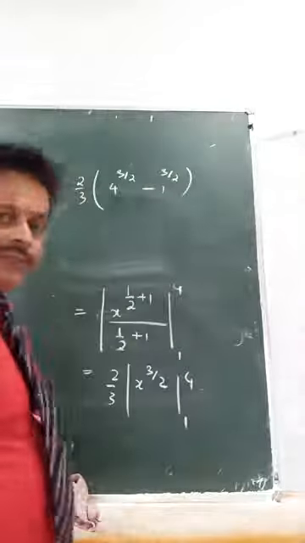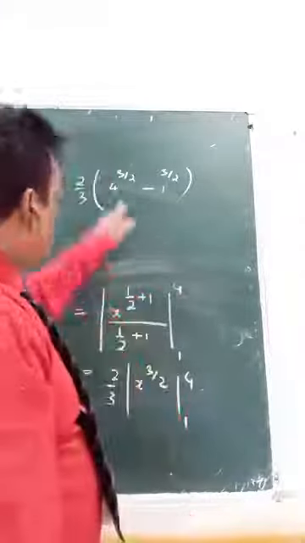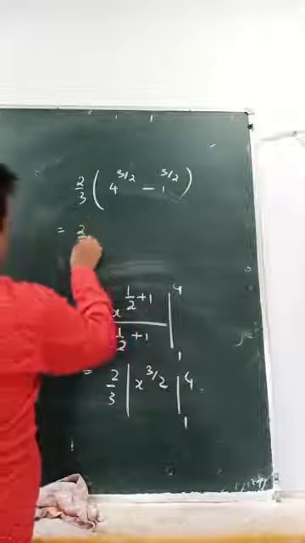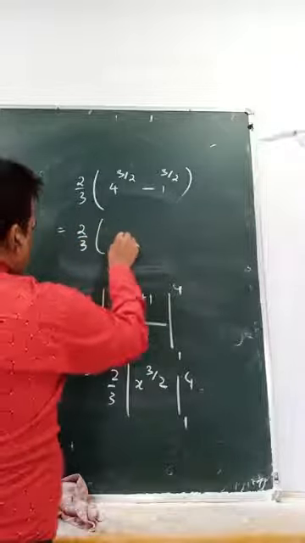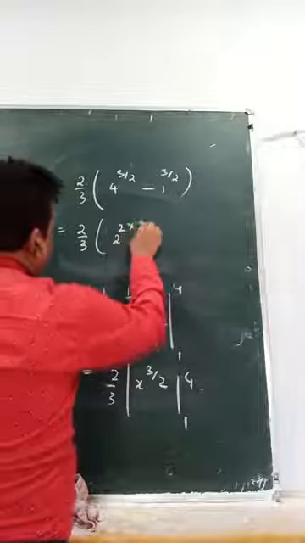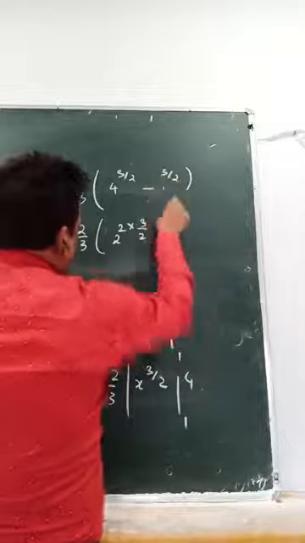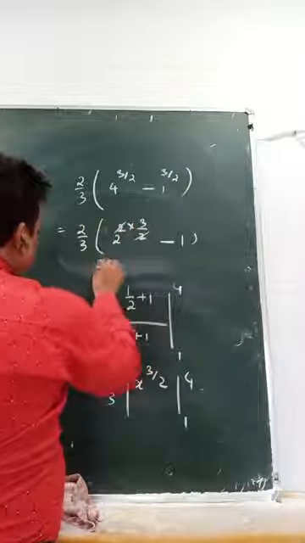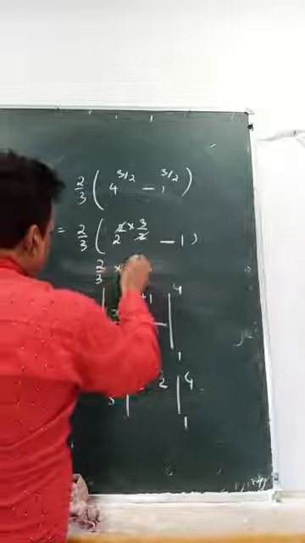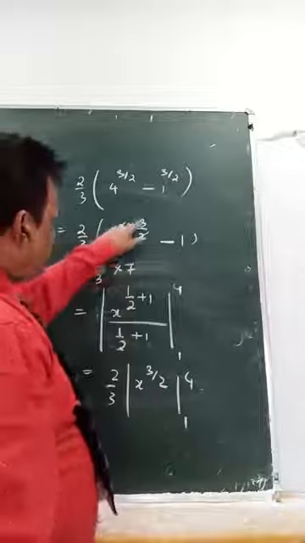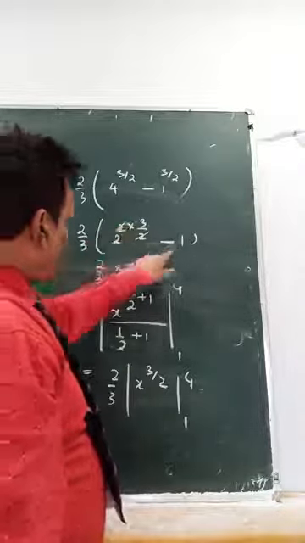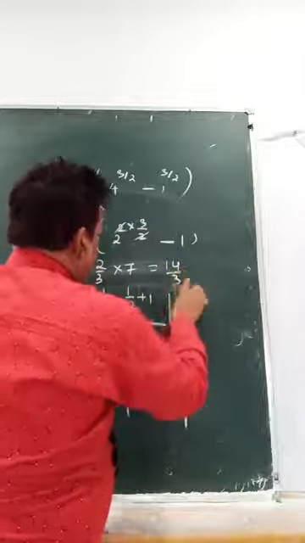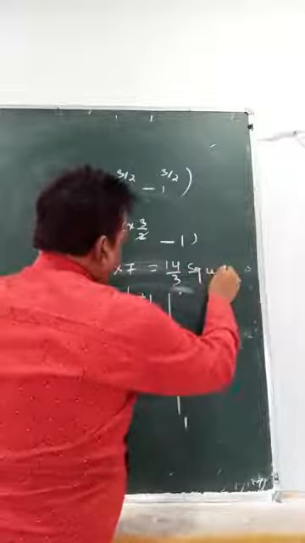How to solve it? 4 means 2 square, so 2 square to the power 3 by 2 is 2 cubed, 8. 1 to any power is 1. That means 2 by 3 into 8 minus 1, which is 7. So 14 by 3, since it is area, square unit.